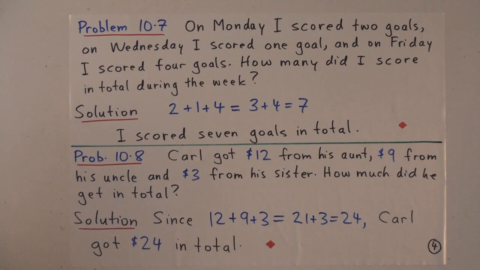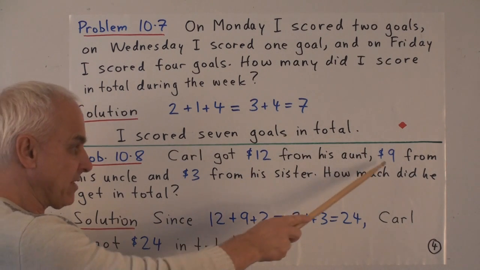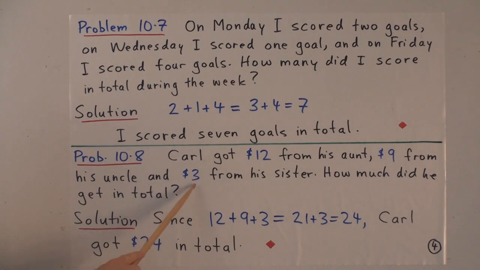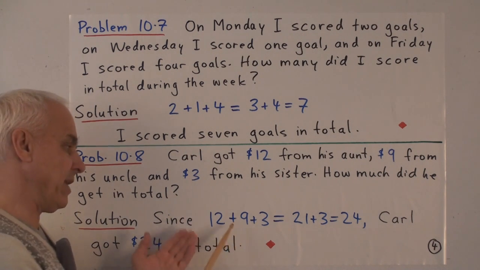Problem number 8. Carl got $12 from his aunt, $9 from his uncle, and $3 from his sister. How much did he get in total? Well, we have to add those 3 different numbers. The 12, the 9, and the 3. So 12 plus 9 plus 3. We can combine that in either of 2 ways.